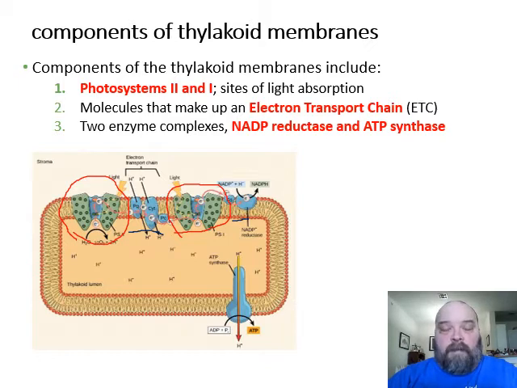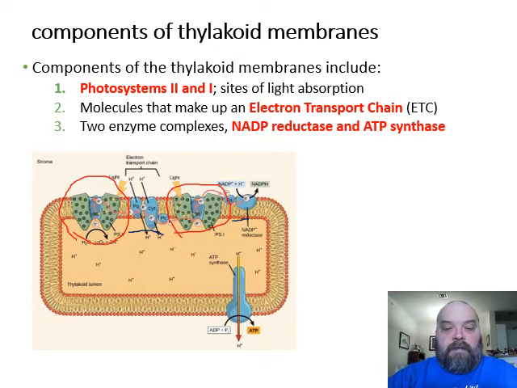Their whole job is to take the excited electrons that were generated by the two photosystems and bleed off the energy. Bleed it off so that only minuscule amounts are lost to the second law of thermodynamics.